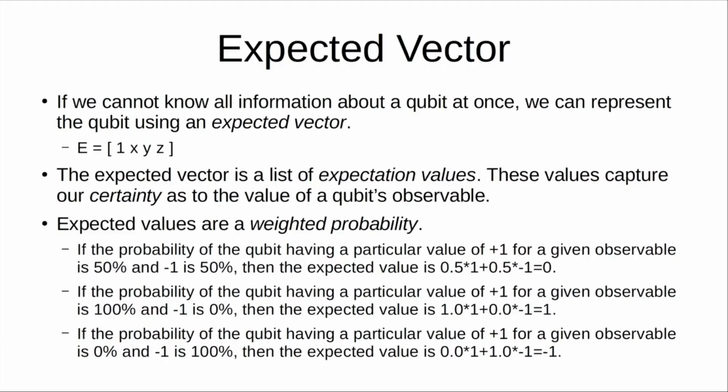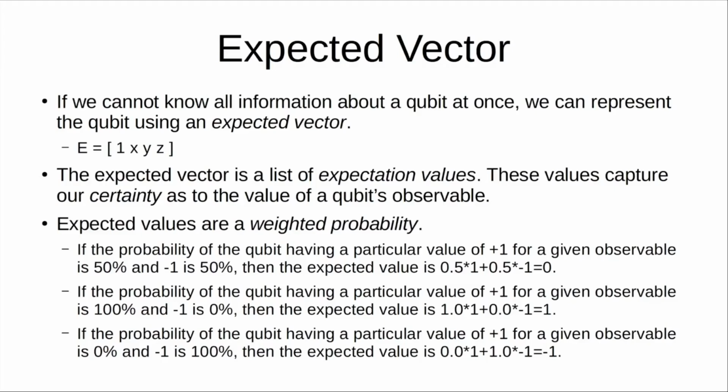The expected vector contains a list of numbers called the expectation values, or sometimes called the expected values. These values capture our certainty as to the value of a qubit's observable. An expected value is just a weighted probability. For example, if the probability of the qubit having a particular value of +1 for a given observable is 50% and -1 is 50%, then the expected value is going to be 50% times +1 plus 50% times -1, so it's going to be 0.